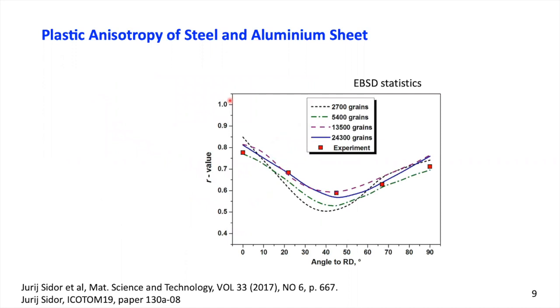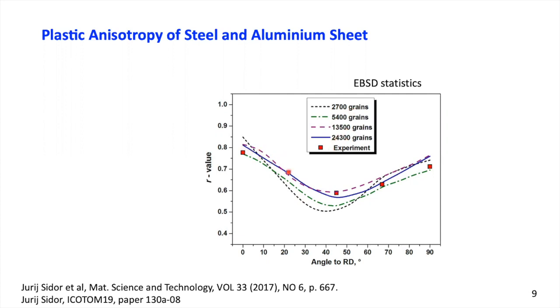Another aspect which is probably a little bit less known in industry or in application is that it's not only a matter of using the appropriate model, that's important, but it's also a matter of using the right statistics. Here we compare different R value predictions, R value profiles, where we change the number of grains in the EBSD map from 2,700 grains to 24,300.